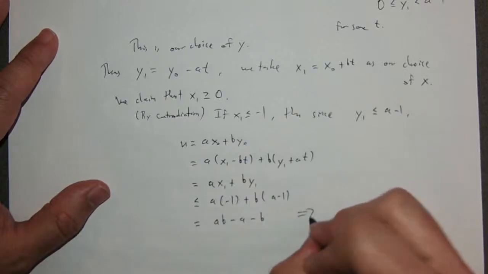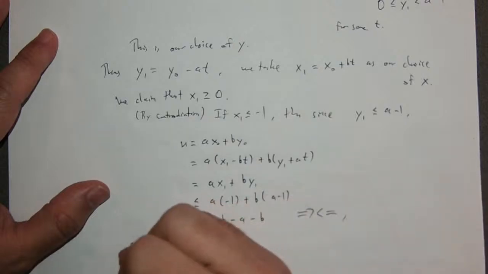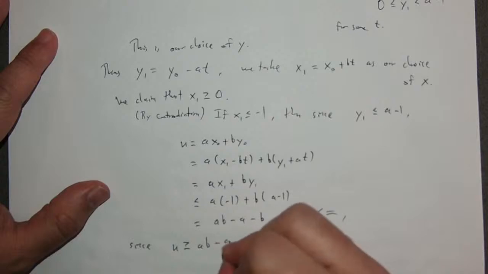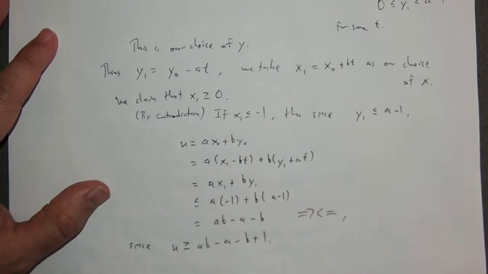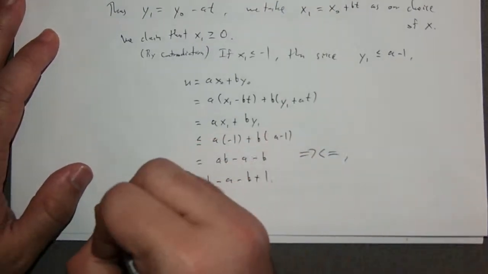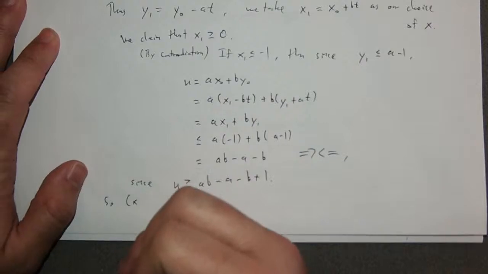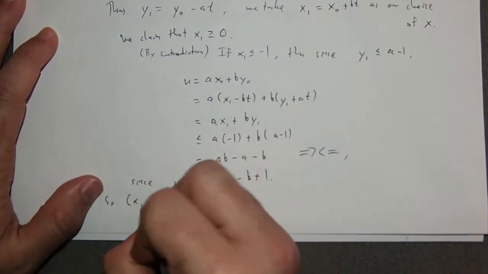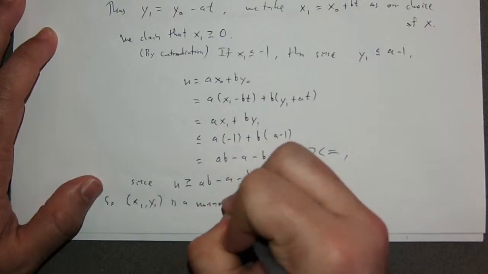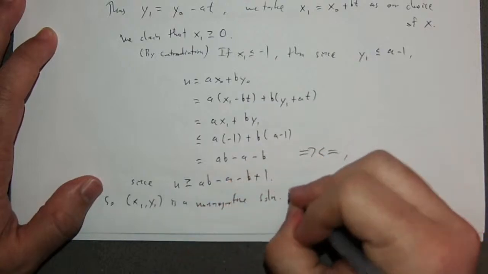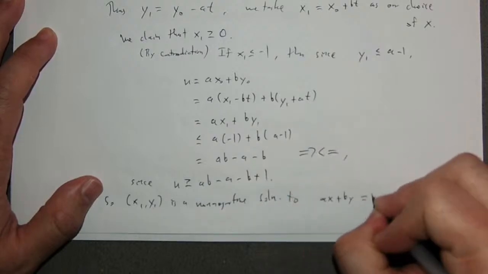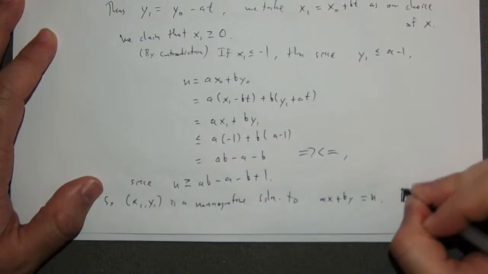So this is a contradiction since n is greater than or equal to ab minus a minus b plus 1. So our choice x1, y1 is a non-negative solution to ax plus by is equal to n. And that's it.